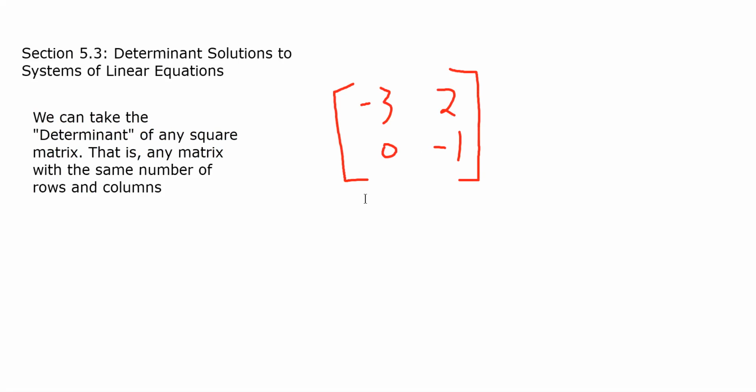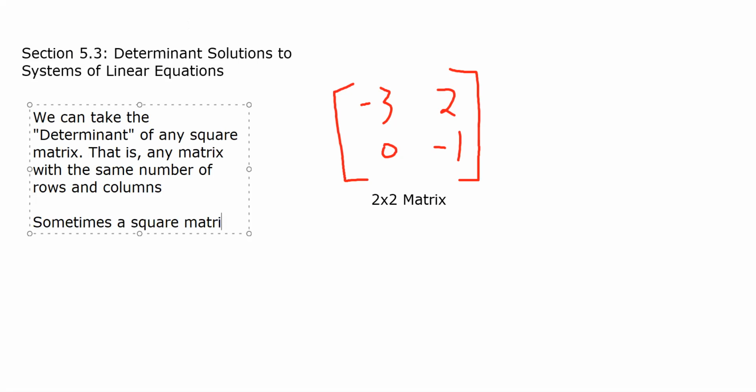You can tell that it's a 2 by 2 matrix. So it has the same number of rows as it does columns. Both are 2. Just as a little note, sometimes a square matrix is called an n by n matrix, which just means n is the same for both the row and column. So it's just another way of expressing the idea that you have the same number of rows as you do columns.